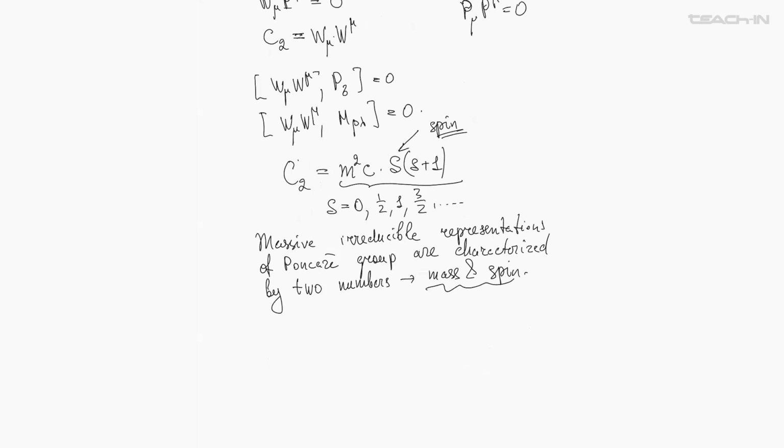Helicity coincides with the projection of the spin of a particle on the direction of motion. Let me write it in this way: the scalar product of p with s divided by the modulus of p. This is the projection of spin on the direction of motion.